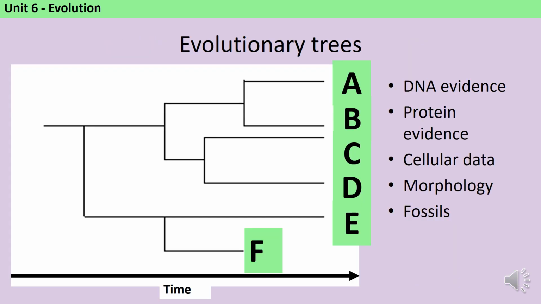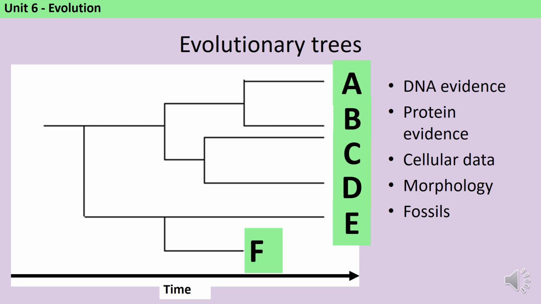You should be able to interpret evolutionary trees to work out which species are most closely related to one another. Here's one example of an evolutionary tree. Along the bottom you can see we've got time, and the branches and the nodes represent how long it's been since two species had a common ancestor. So A, B, C, D and E are what we call extant species, they're still living.